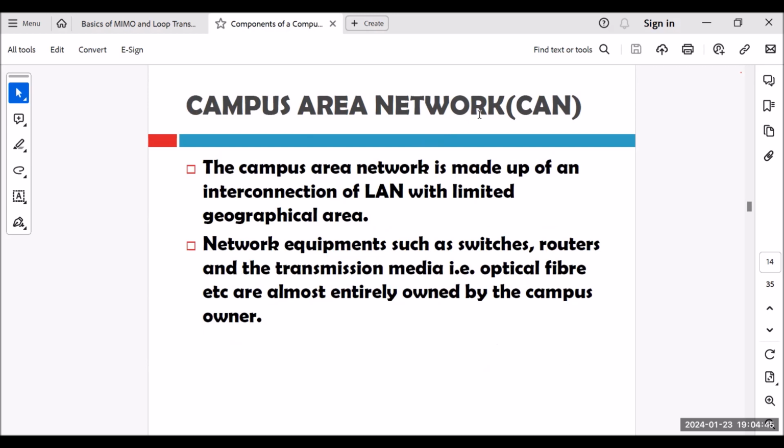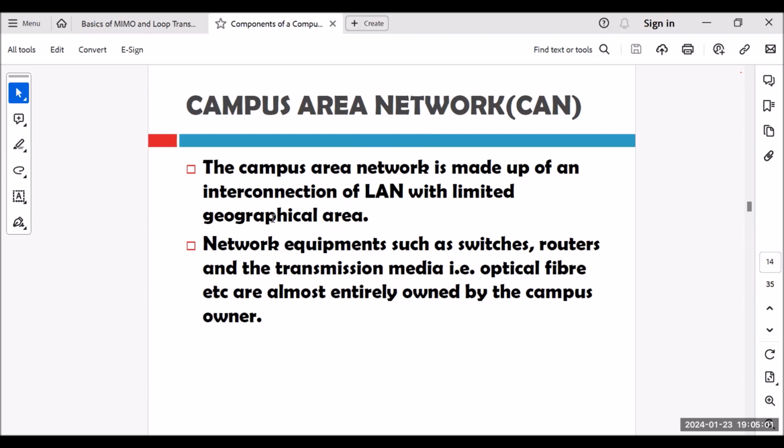Another one, I believe for most of you, this terminology is again new, and that is a campus area network. The campus area network is made up of interconnection of LANs with limited geographical area.